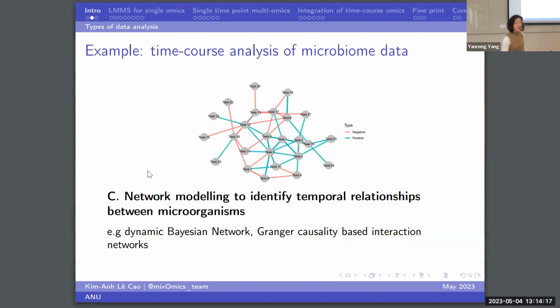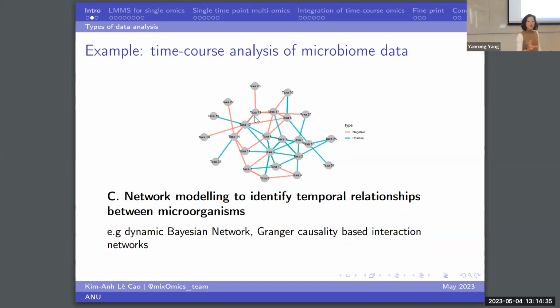And the third problem that is exciting, but I don't think has been really solved, is network modeling across time. So here, each node represents a taxa or bacteria. And I would like to understand how are they correlated with each other across time?